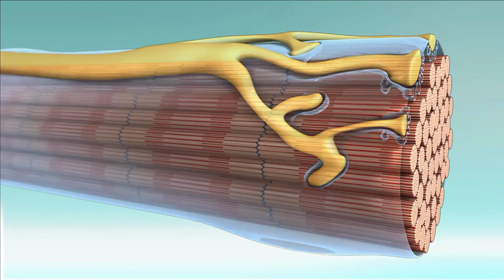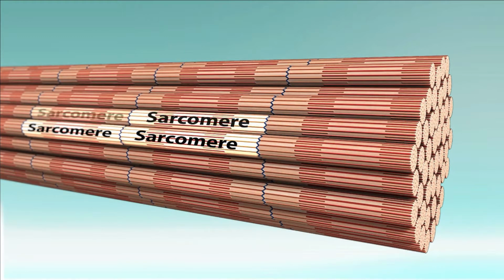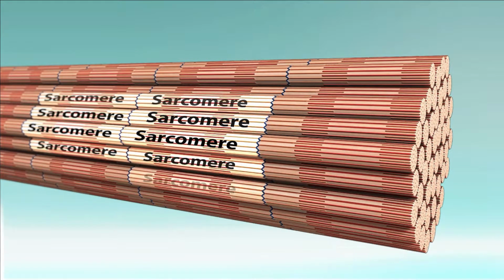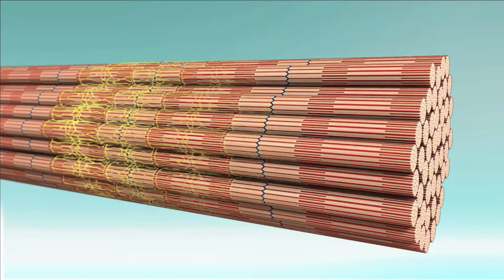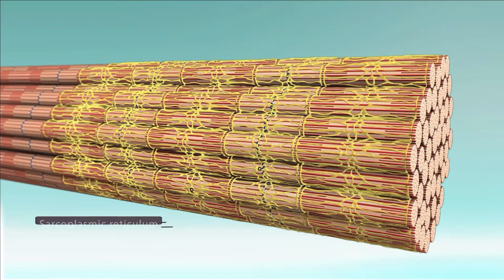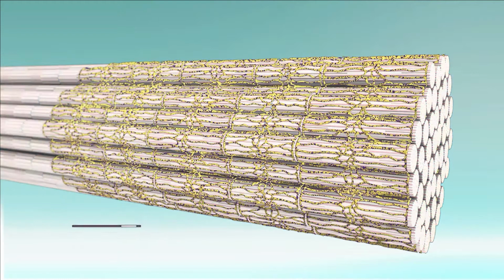Each myofibril is formed by repeating structures called sarcomeres, which are the muscle cell's contracting unit. Each myofibril is covered by smooth endoplasmic reticulum, called the sarcoplasmic reticulum, which stores calcium ions.